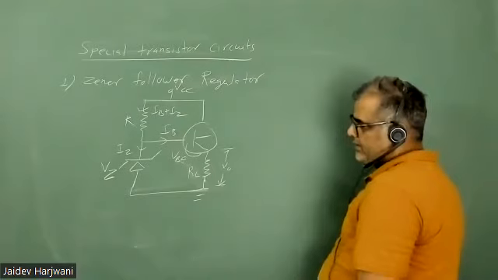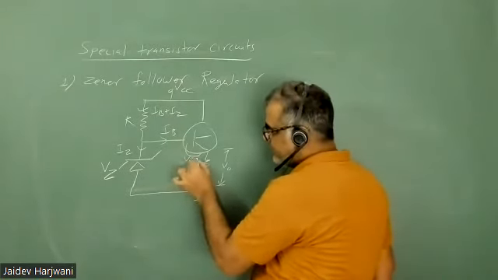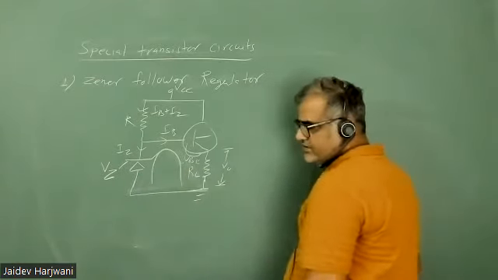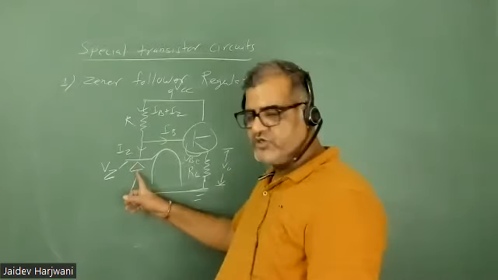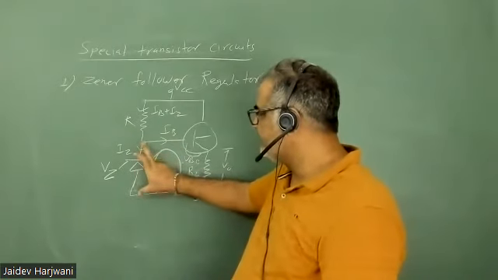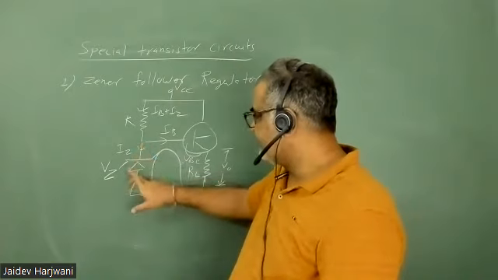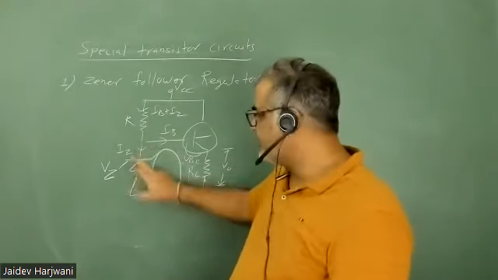Now if I simply see this circuit, once the Zener diode is on, the first condition is that the Zener diode should be on. That means this point voltage should be equal to VZ or greater than VZ. So this VB should be greater than VZ.